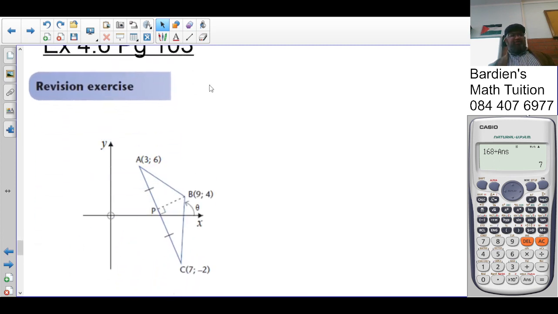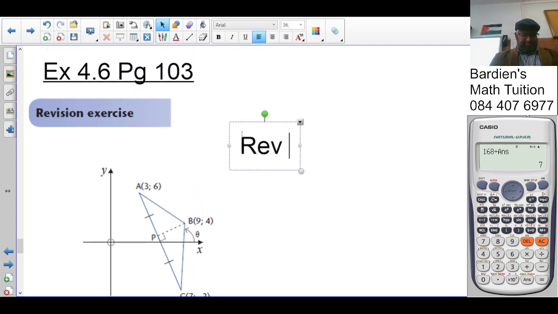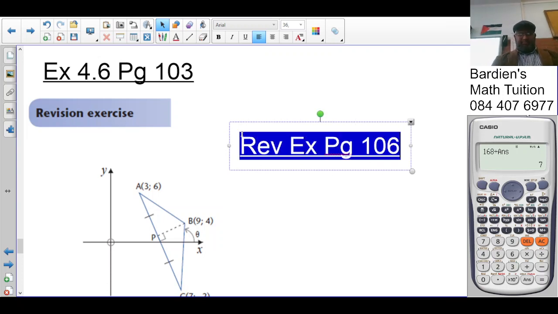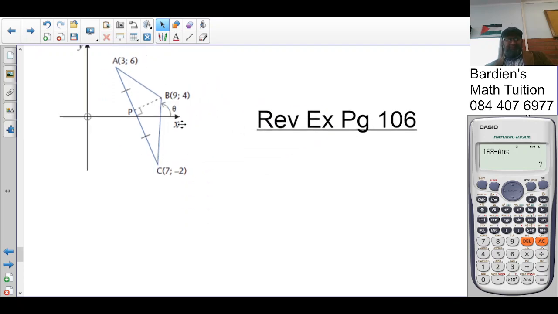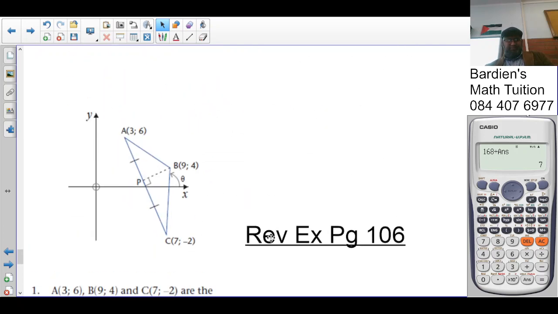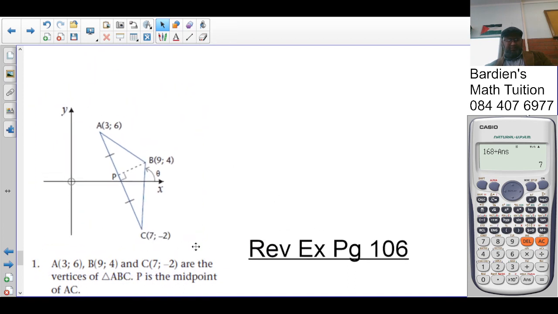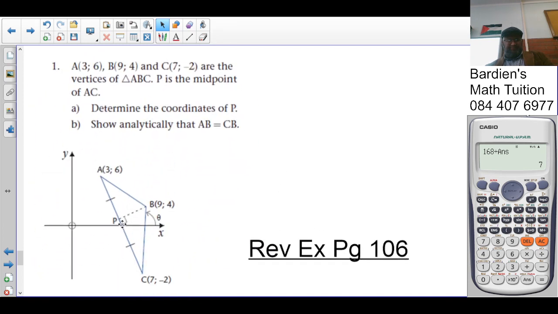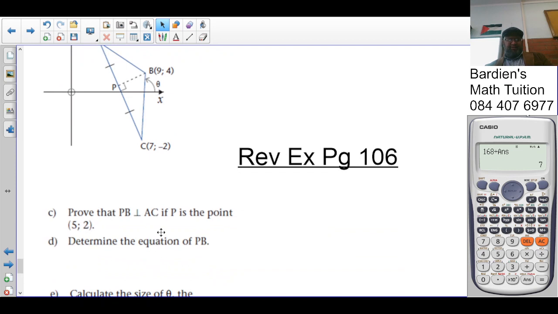Did you have to do the revision exercise? The revision exercise was page 106. Okay, any problems with the first sum? Yes, what's the issue here? Sorry? Oh, no issue here. C?